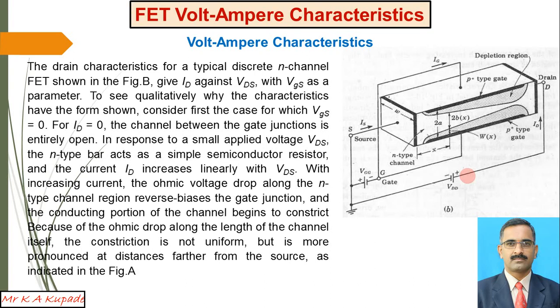That means we make the PN junction reverse biased, applying a reverse voltage to the gate terminal. By increasing the reverse voltage, the depletion region increases, so the reverse biased PN junction widens.